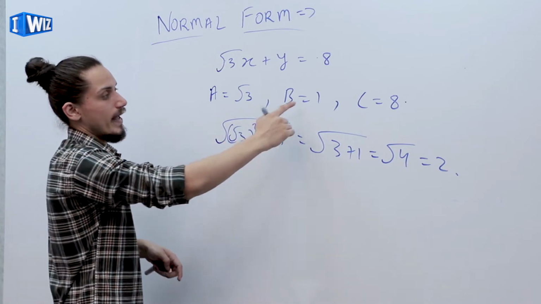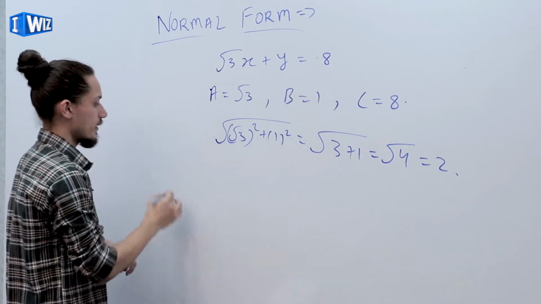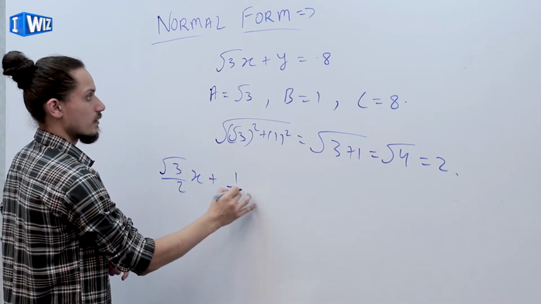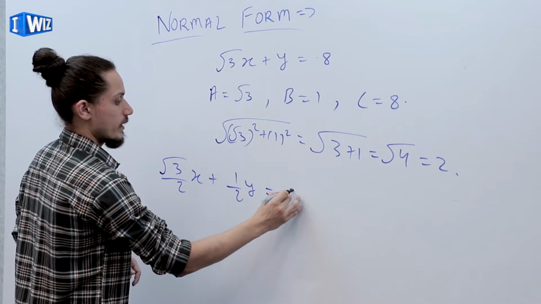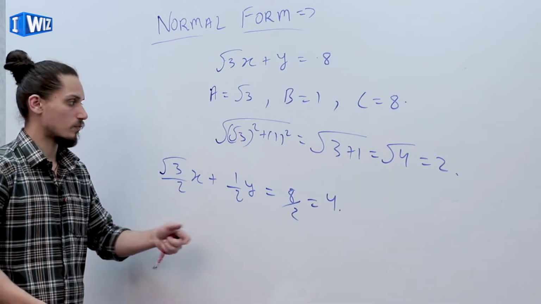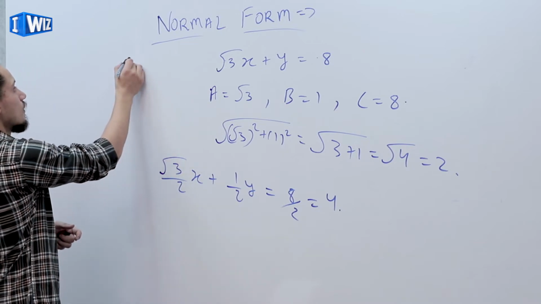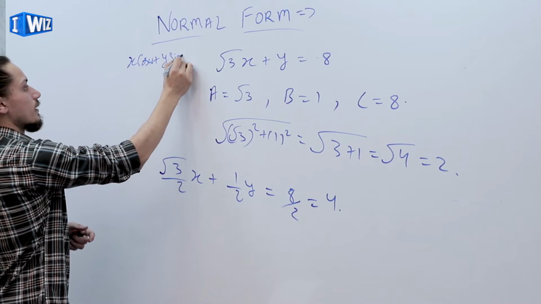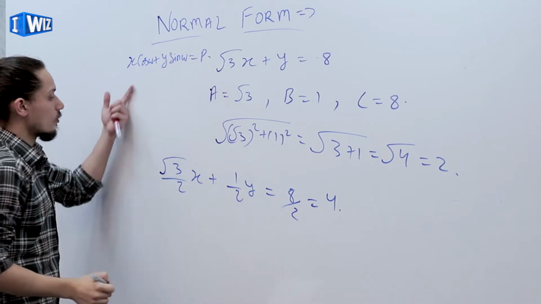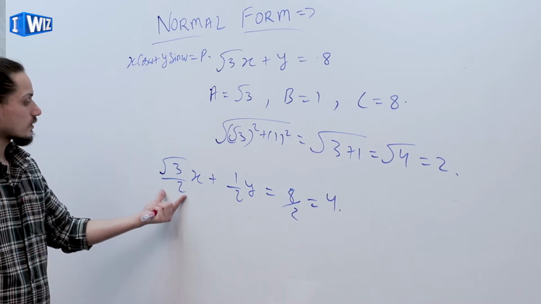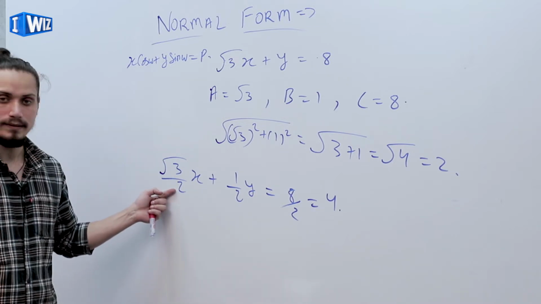Now we'll divide every term of this equation with 2. We get under root 3 upon 2 x plus 1 upon 2 y is equal to 8 upon 2 which is equal to 4. Comparing it with the normal form, क्या थे हमारे पास, x cos omega plus y sin omega is equal to p. तो हमें इसको क्या कहाँ लेके जाना पड़ेगा, कॉस की और साइन की फॉर्म में. कॉस थीटा की वैल्यू अंडर रूट 3 अपॉन 2 कब आती है, 30 डिग्री पे.